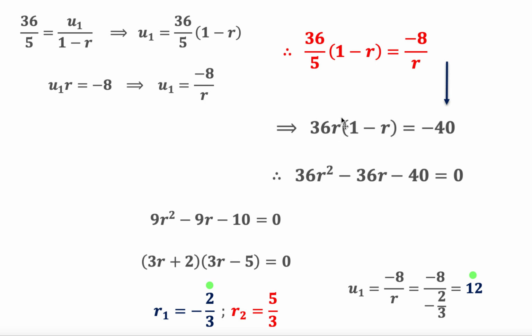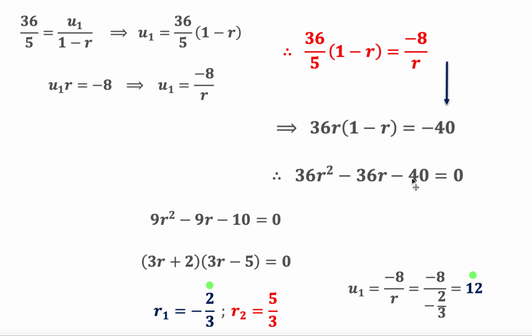We're going to have negative 36r squared here. It's positive because I've moved it to the other side. We'll have positive 36r here. It's negative now because I've moved it to the other side. And I've brought the -40 over to join them. Actually, they both went over to the right to join the -40. So this is a quadratic, which you could solve using the quadratic formula.